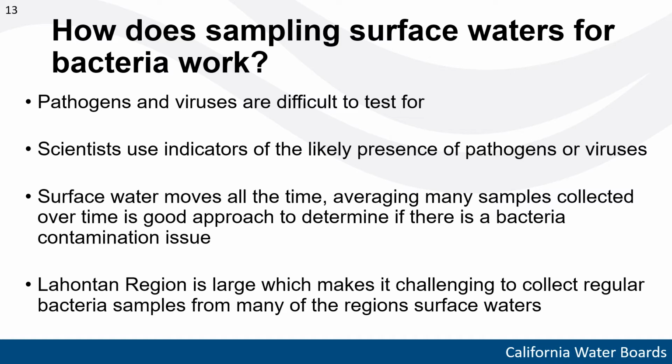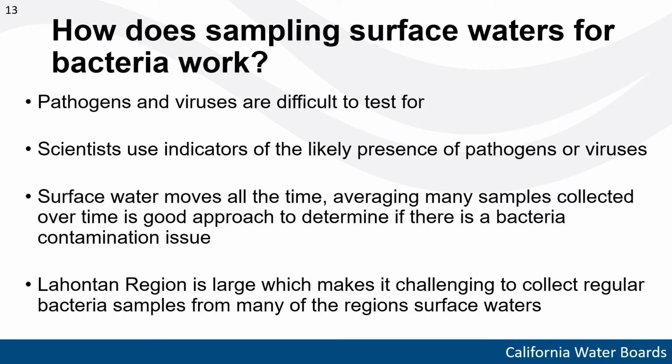And because they are shed in great numbers, they are easier to detect in a surface water when compared to pathogens and viruses that I was speaking to a few moments ago. Indicator bacteria are also very easy to test for in a lab. The tests are cheap, they are easily repeatable, and they are also fairly quick to perform.